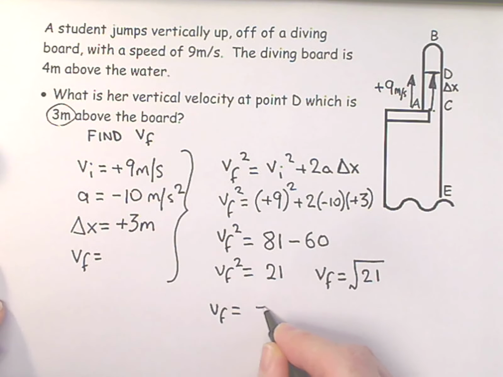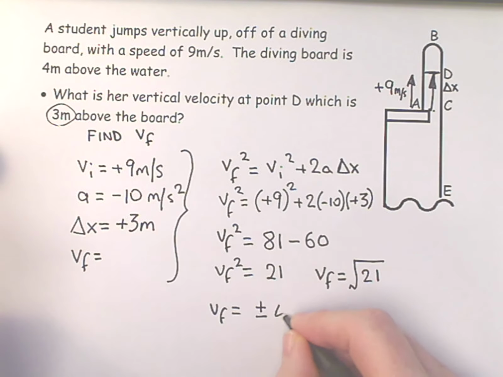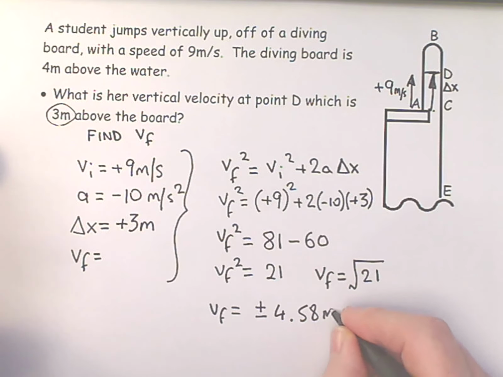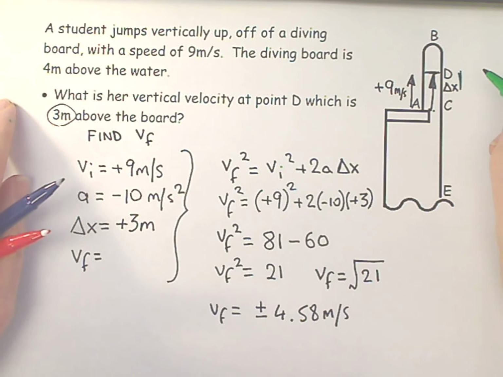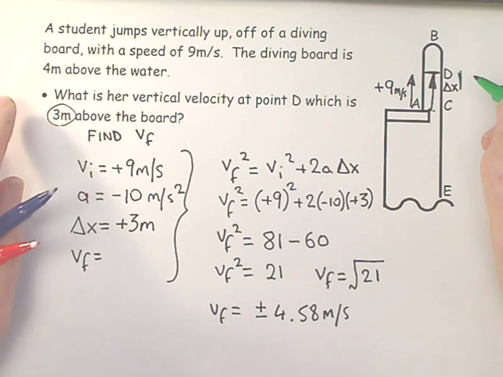VF is equal to, mathematically, plus or minus the square root of 21. And that's going to be 4.58 meters per second. But let's look at our diagram clearly at point D. What is the vertical velocity at point D, which is 3 meters above the board?